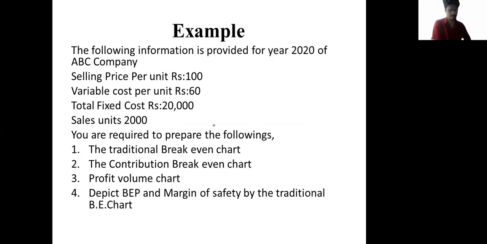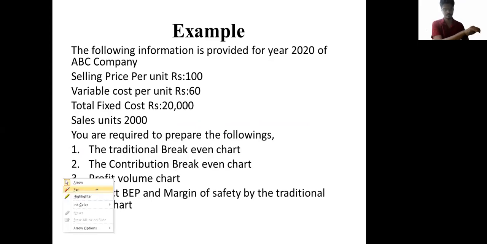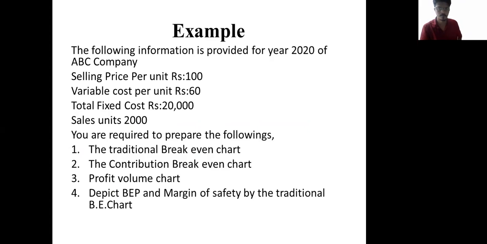Now, first of all, you are required to prepare the traditional break-even chart. When it becomes a traditional break-even chart, we need to draft the total revenue curve and the total cost curve.